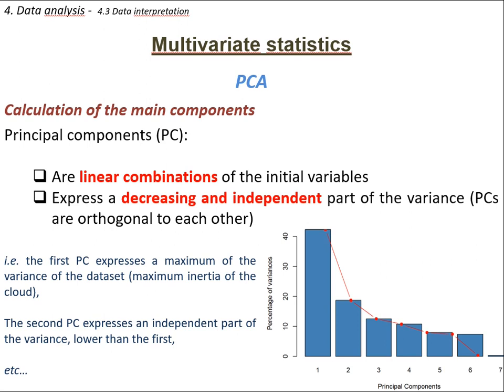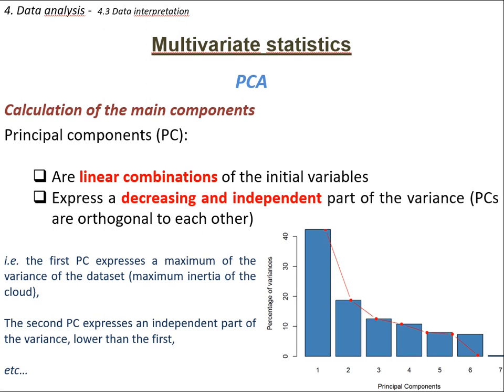So, for example, the first principal component expresses a maximum of the variance of the dataset. This is also what we call the maximum inertia of the cloud. And the second principal component expresses an independent part of the variance lower than the first, and so on. And here you have a plot, a histogram, that shows the percentage of the total dataset variance that is expressed by each principal component.